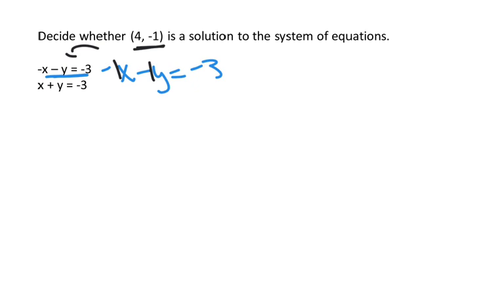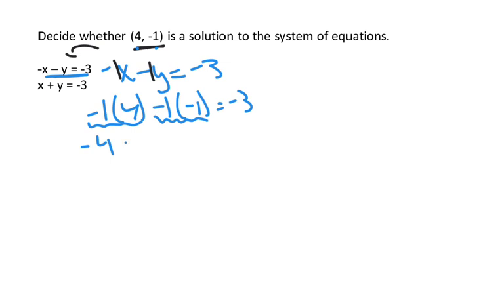So when we fill this in, this becomes -1 times our x value, which is 4, minus 1 times our y value, which is -1. Okay, let's work this out. -1 times 4 is -4. -1 times -1 is +1. -4 plus 1 is -3. So -3 does equal -3, so we're good there.